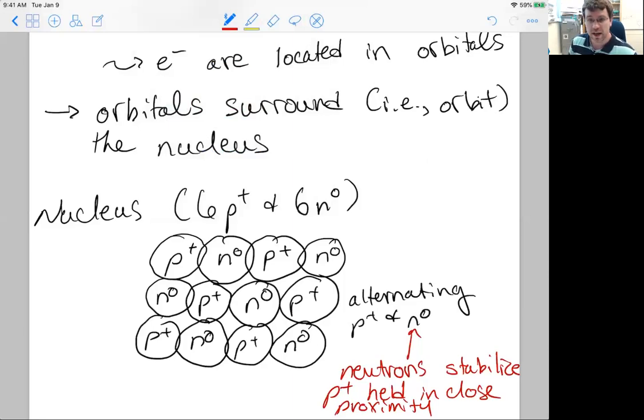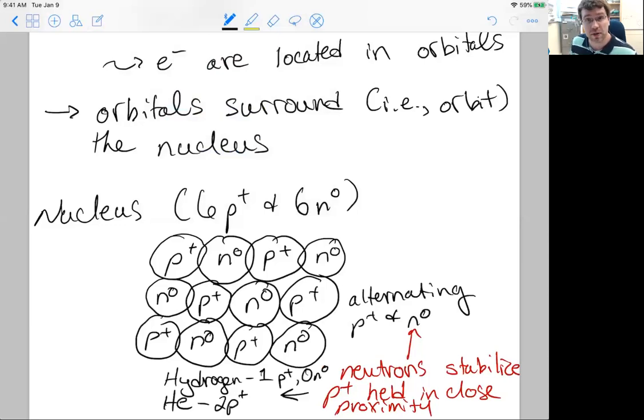Even if you look at helium, just as an illustrative example of this, hydrogen has 1 proton. It typically has 0 neutrons. Helium, which I'll just show as its atomic symbol, is the next element on the periodic table.